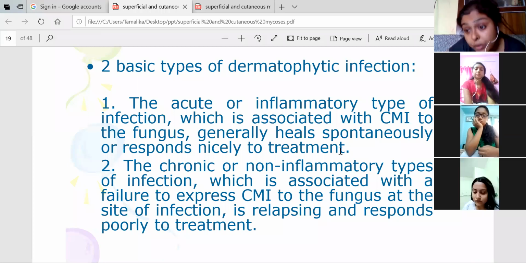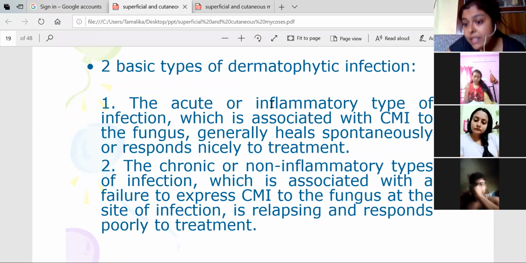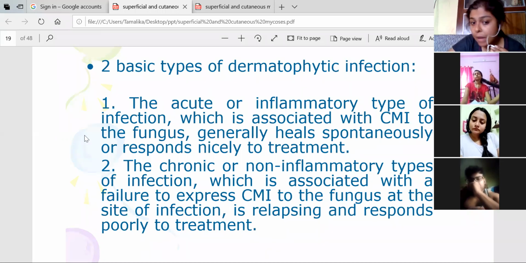So they are inflammatory in nature. Inflammation means that there is an immune response to the disease. Am I clear?